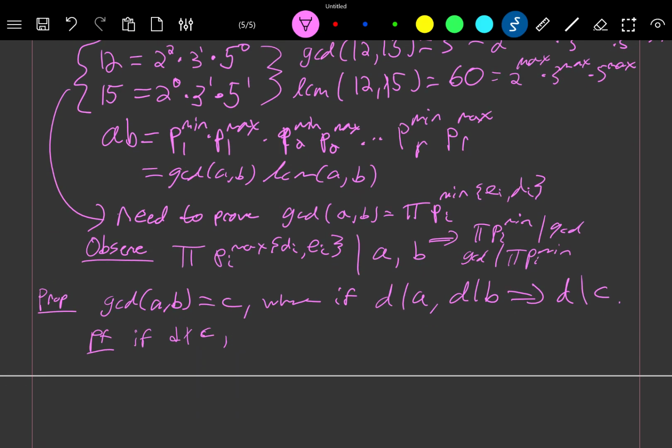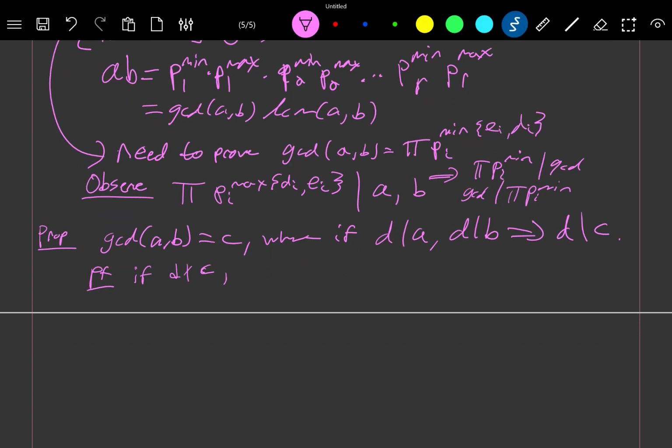And similarly for the max. So this proposition here wasn't necessarily needed. But just note, if D does not divide C, then there's some prime factor of D that does not divide C, and thus you can get a contradiction.